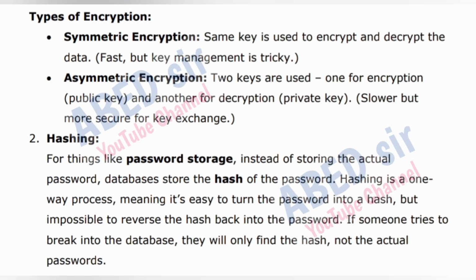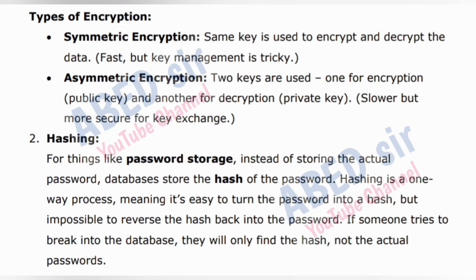Types of encryption. Symmetric encryption. Same key is used to encrypt and decrypt the data. Fast, but key management is tricky. Asymmetric encryption. Two keys are used, one for encryption, public key, and another for decryption, private key. Slower but more secure for key exchange.